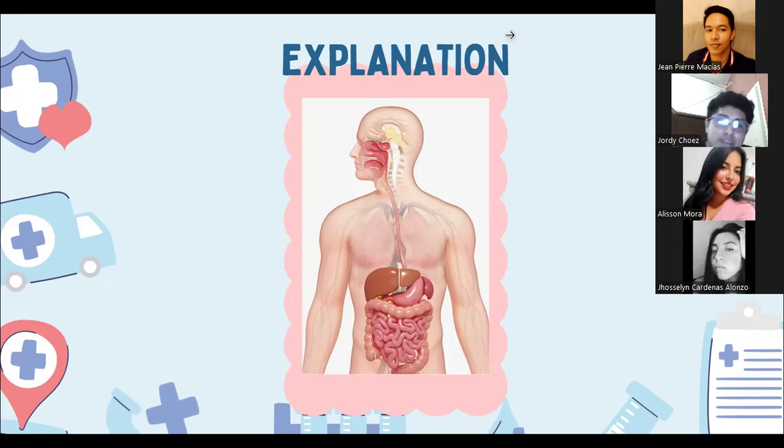Among its main functions is the secretion of gastric juices, essential for protein digestion and the activation of other digestive enzymes, as well as maintaining an acidic environment that protects against bacteria and microorganisms ingested with food.